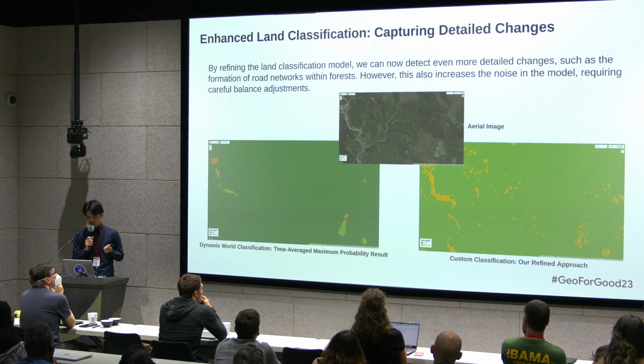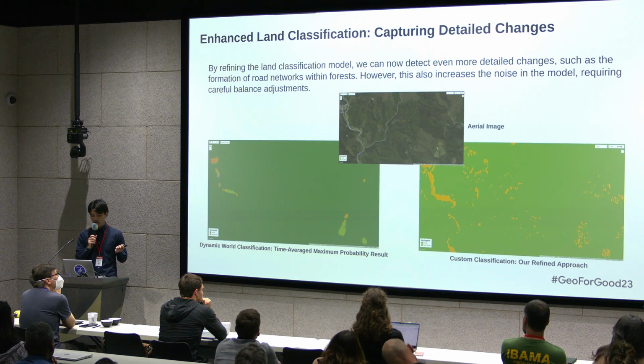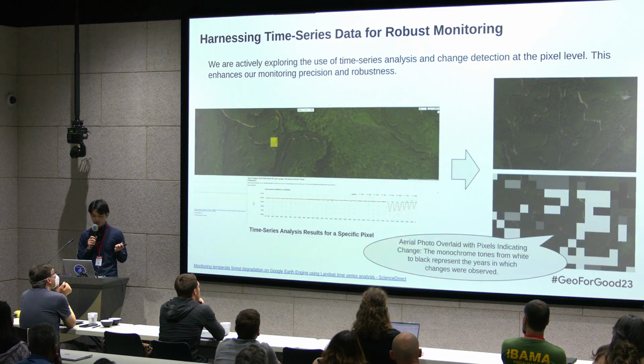This image shows an example, and we can check the road construction to bring out timber. On the other hand, while small changes can be captured, there is more noise, so we have to adjust those balances.